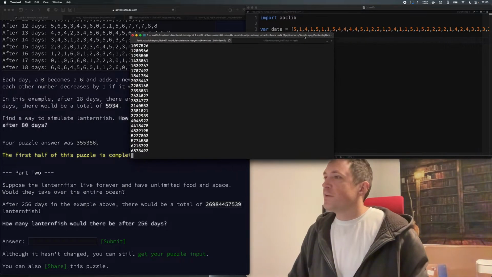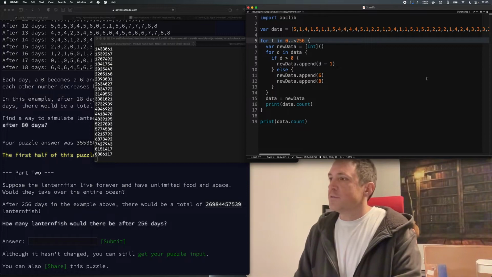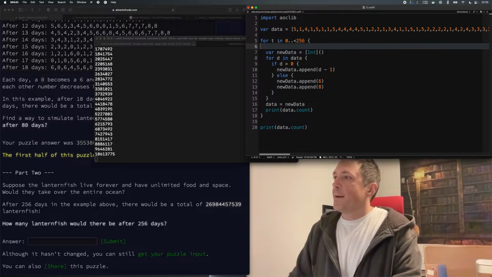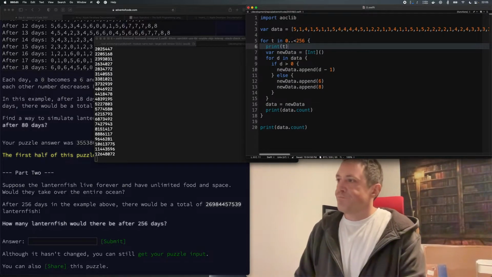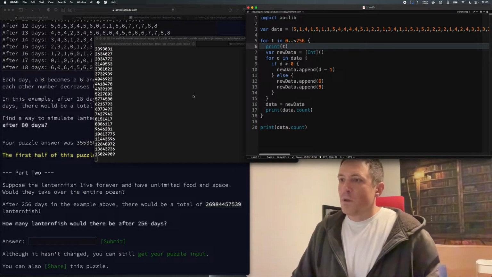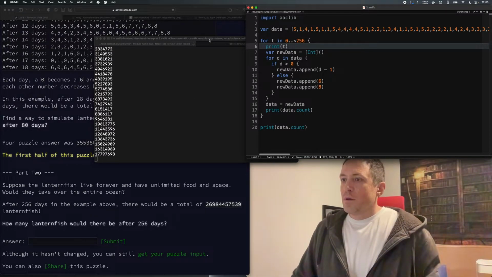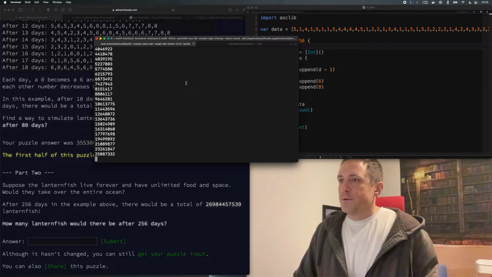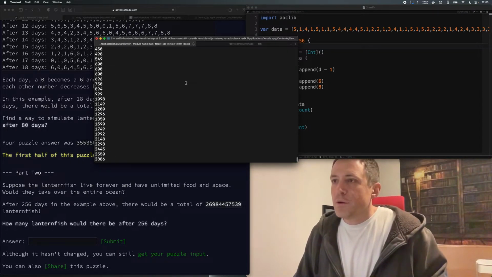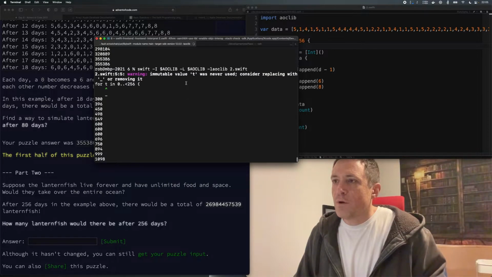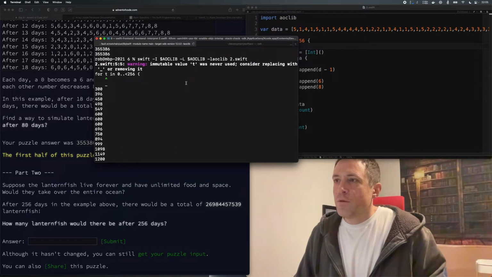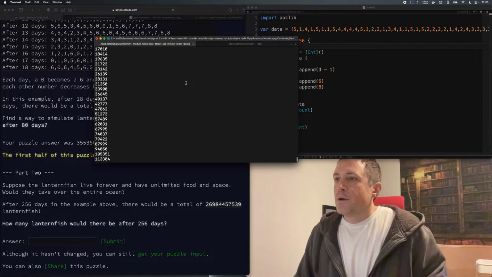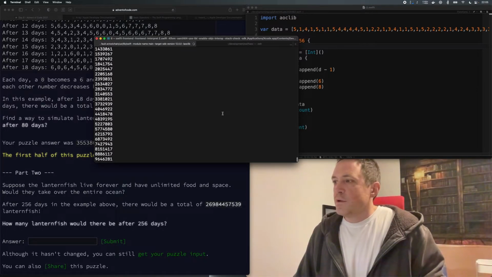I haven't been printing T, so let's actually... See, I don't know how close we are. Should we bother? Should we just let this run?